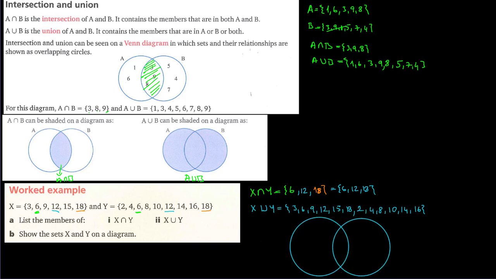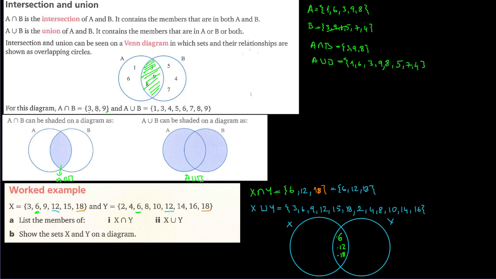Okay, this is the X and this is the Y, and I want to start with the common elements, 6, 12, and 18.